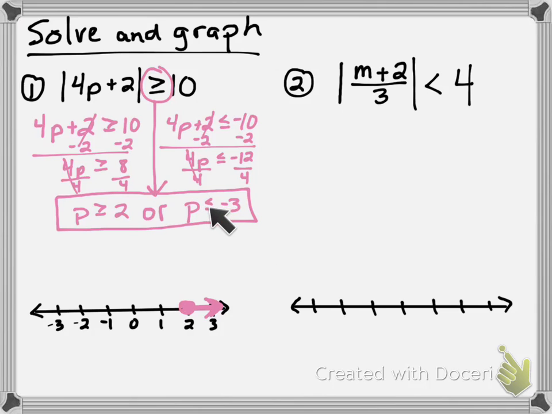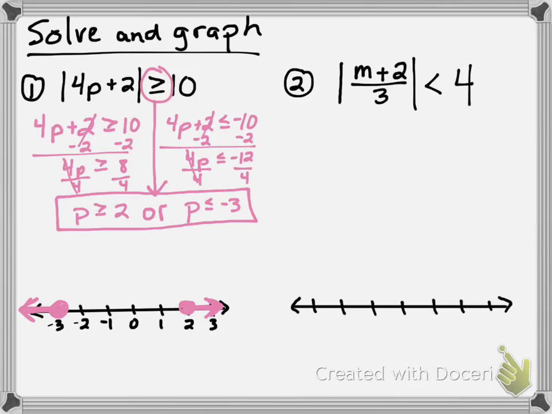P is less than or equal to -3, so I find my -3. Since it can be equal to, I close it. And since p is less than -3, I'm going to the left. Now, since this is an OR statement, I keep both lines and I'm done. So that's the solution and the graph for that absolute value inequality.